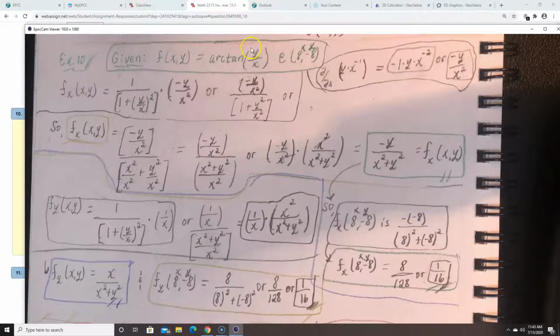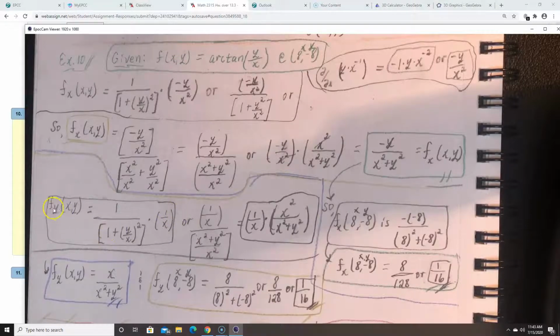Or if x was 10, then it would be 1/10 times the derivative of y, which is 1. You just get 1/10. So in general, when you freeze x and you differentiate this with respect to y partially, the derivative of y with respect to y is 1 times 1 over x, which is just 1 over x. So there's that.